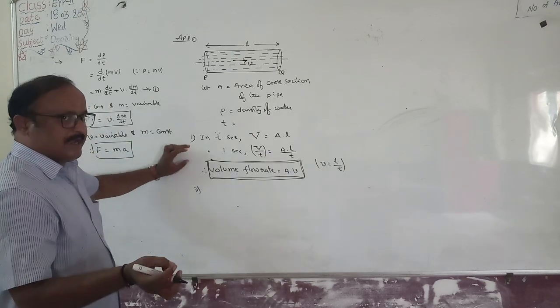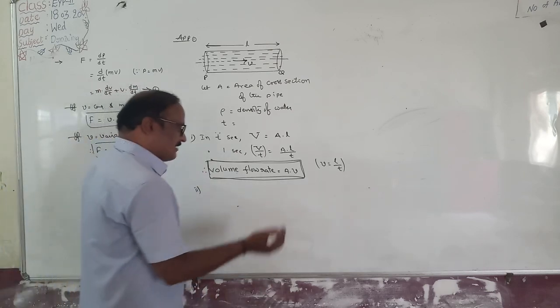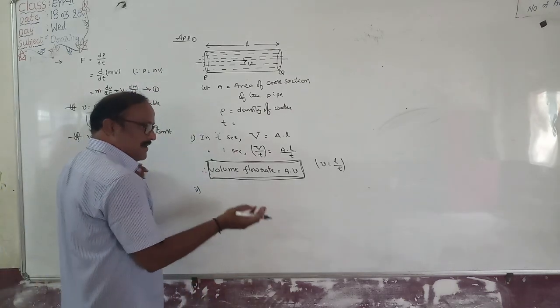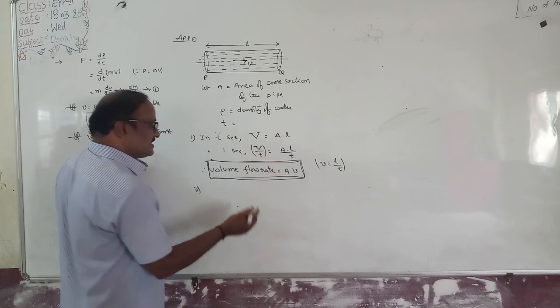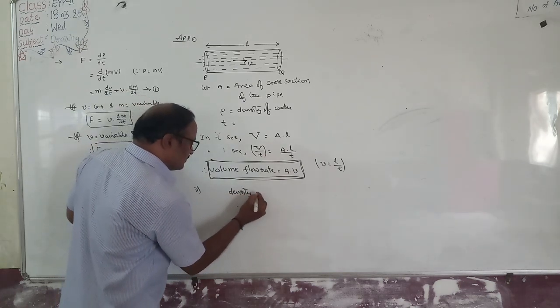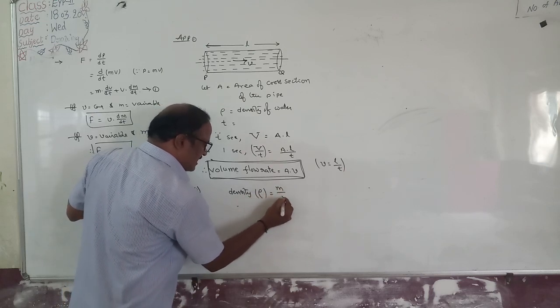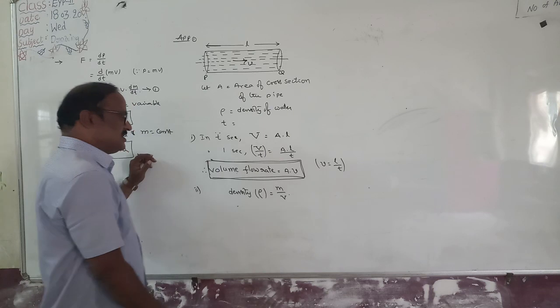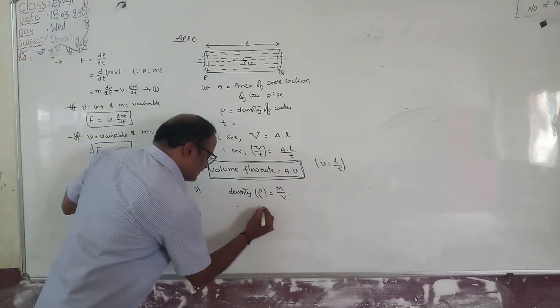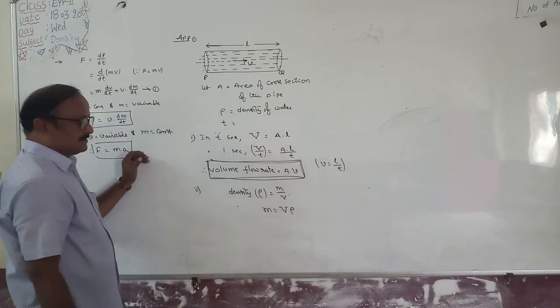What is meant by mass flow rate, and what is its formula? Generally, the relation between mass and density is given by density, represented by rho, is equal to mass by volume. From this, mass is equal to volume into density.